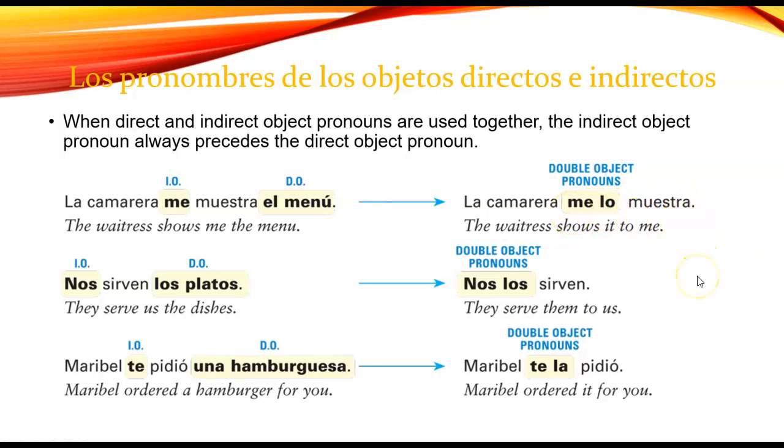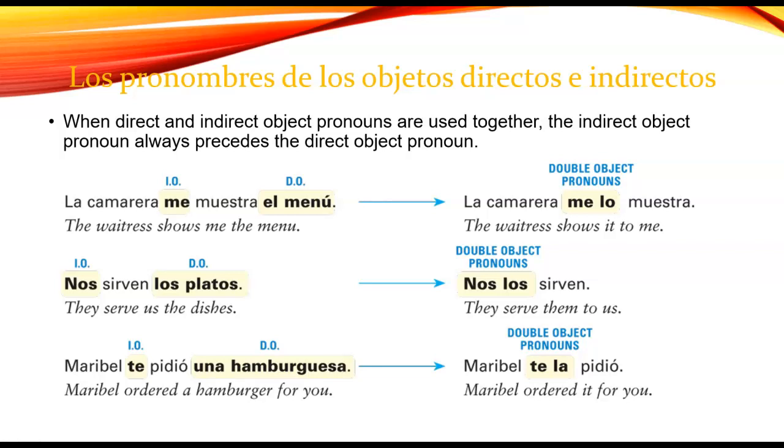Okay. So nos sirven los platos. They serve us the dishes. I wish they would have said, like, do they serve you the dishes? Yes, they serve them to us. So los platos being the direct object, we're going to substitute it with los. So nos los sirven. In the next example, Maribel te pidió una hamburguesa.